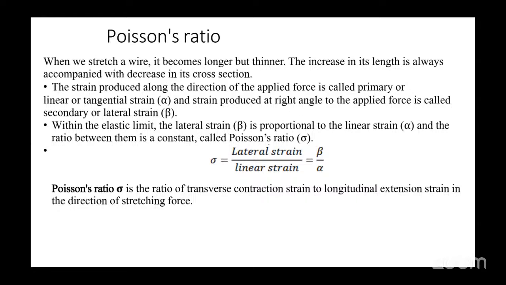It is represented with the symbol sigma. Sigma is the contraction strain over the extension strain, or longitudinal strain, that is along a length, or linear strain. Contraction could also be said to be lateral strain. Then longitudinal could also be said to be the linear strain.